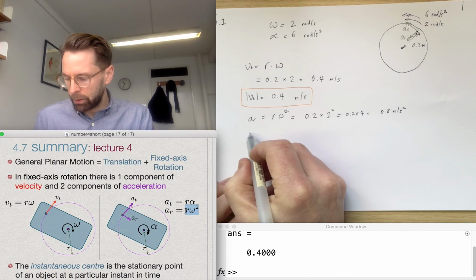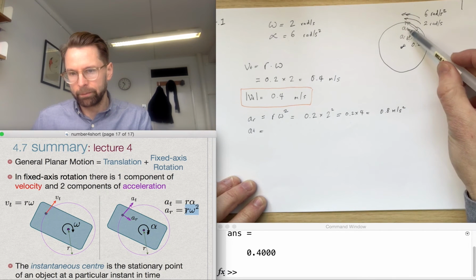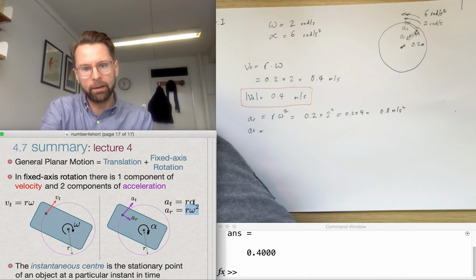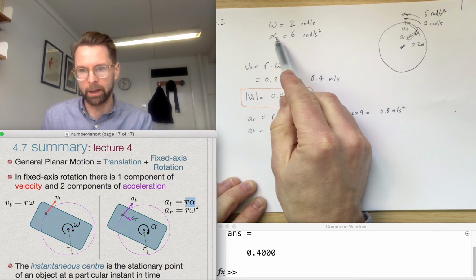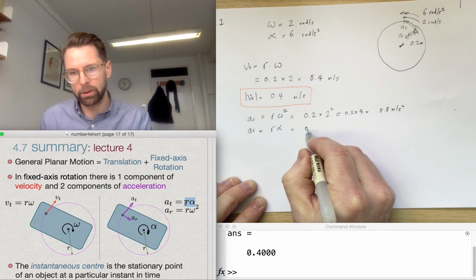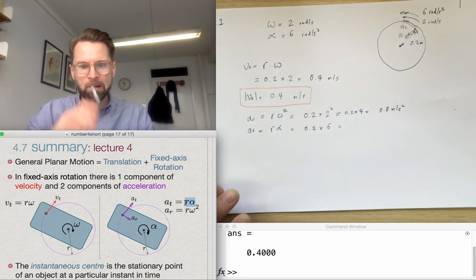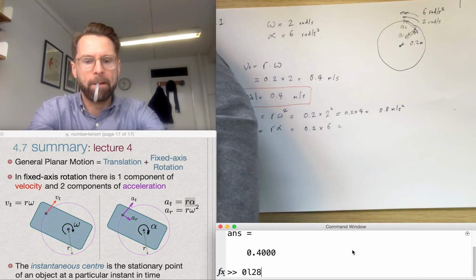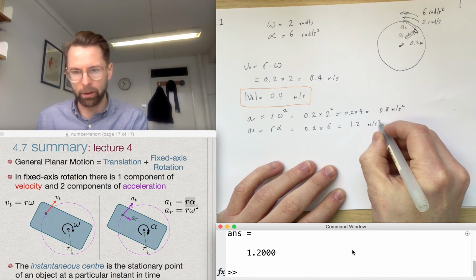The tangential component, this component here, has a magnitude of r alpha, where alpha is up here, our angular acceleration. So r alpha is 0.2, again r, times 6. 0.2 times 6 is 1.2 meters per second squared.